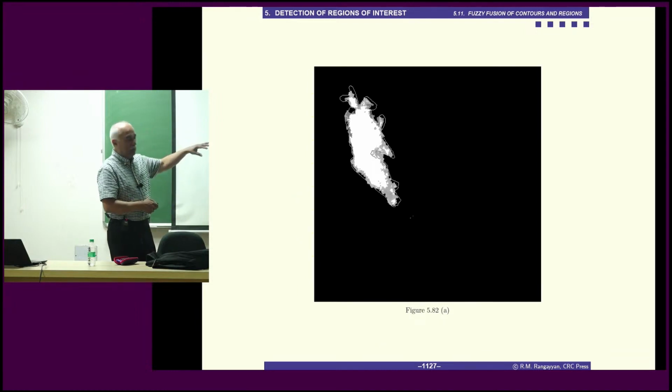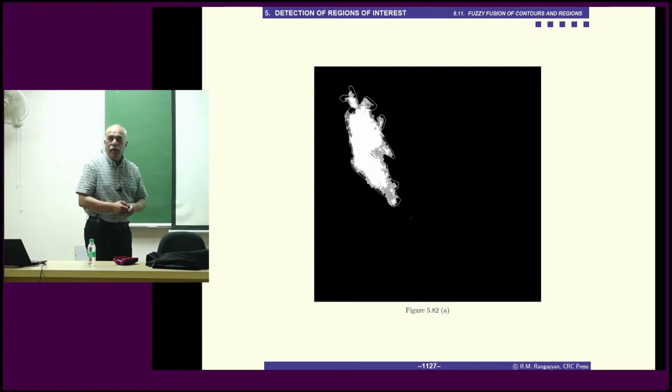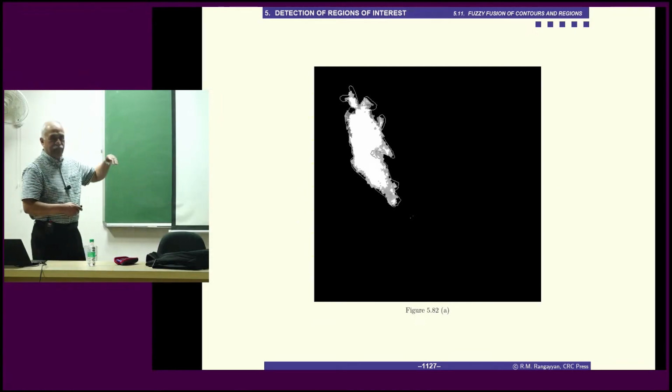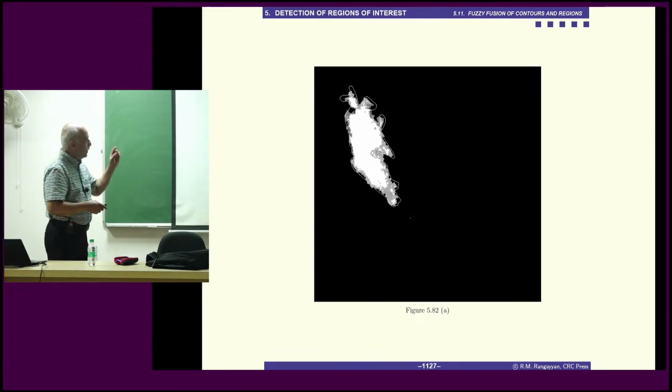By the way, that contour by the radiologist was drawn independently. He didn't have this figure or this result. And there are low values here, but there is not much outside. This part was included in one of the methods, but now these pixels have low membership value.